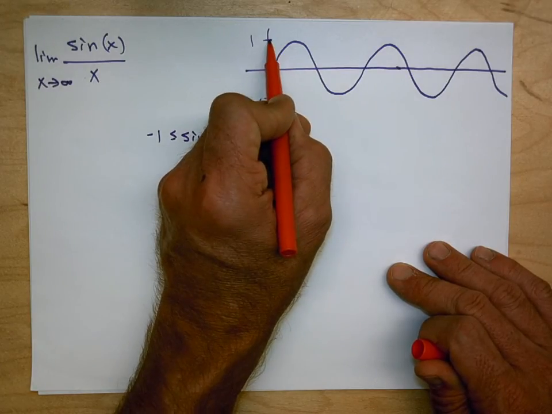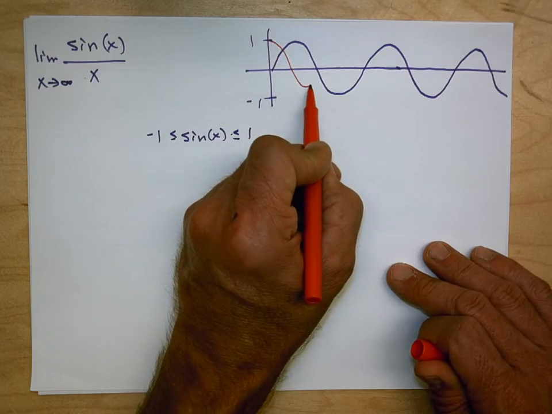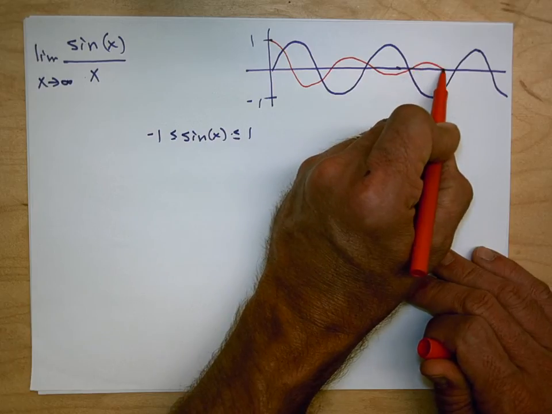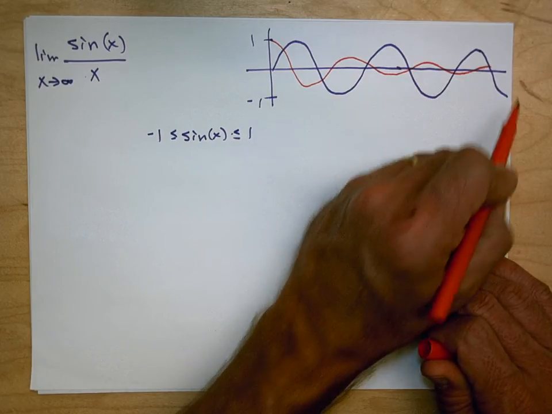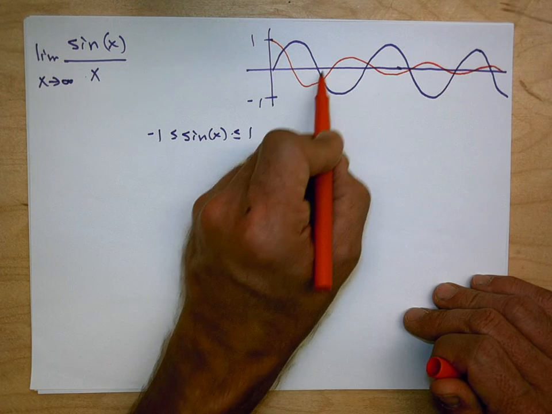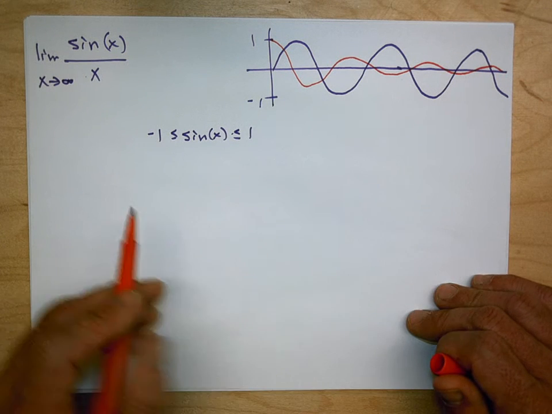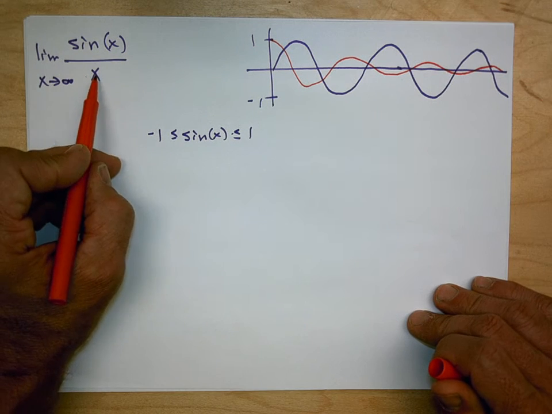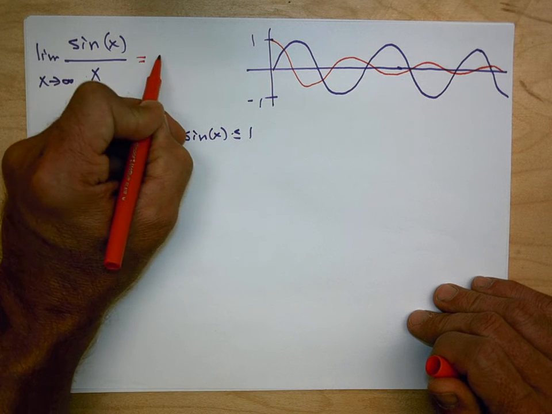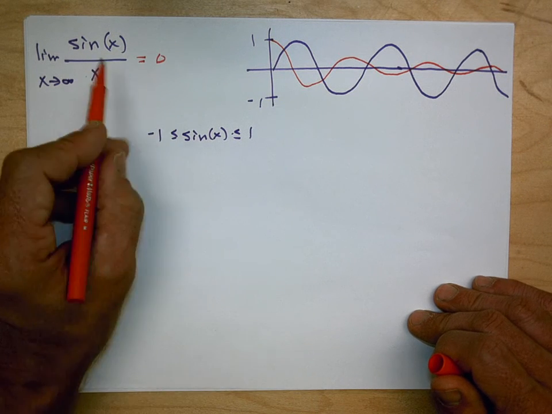It starts up near 1, but then it gets closer and closer, right? So it crosses. It's going to have the same period, but how much it comes off of the x-axis will get smaller and smaller because we're dividing by larger and larger numbers. So in this case, it's going to tend towards 0. I'm not going to prove that, but I want you to have some intuition.